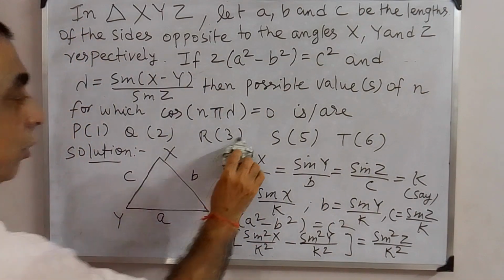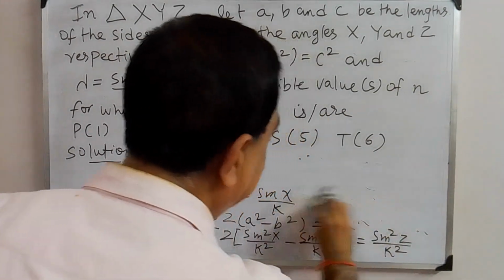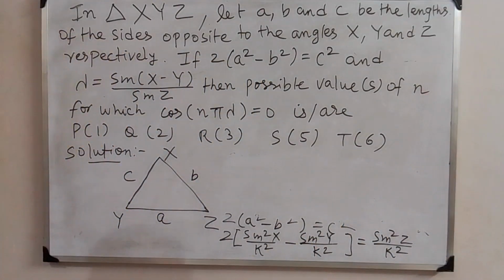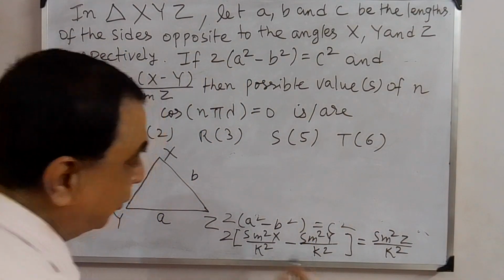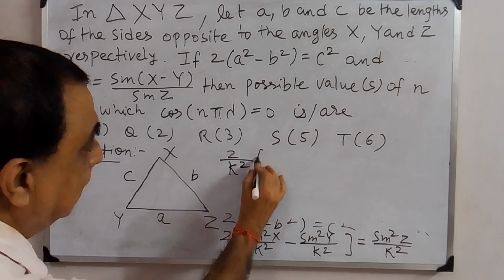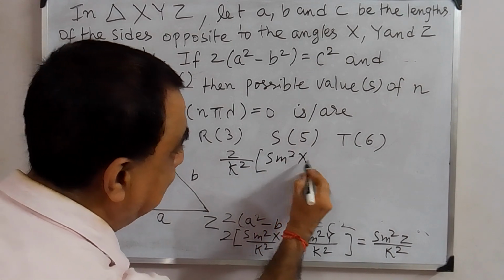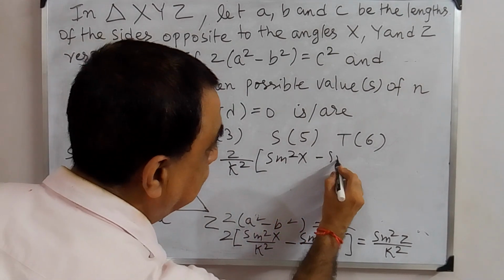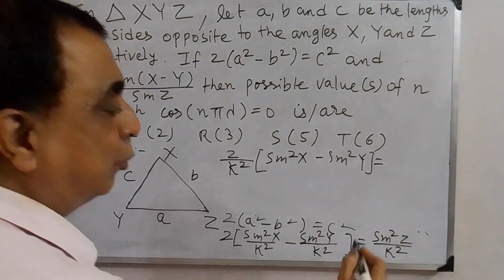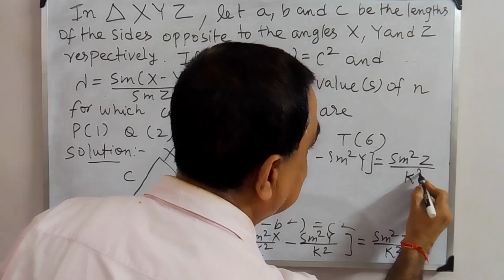Now simplify this equation. From here, k squared is taken common, so this becomes 2 over k squared times sine squared X minus sine squared Y, is equal to sine squared Z divided by k squared.